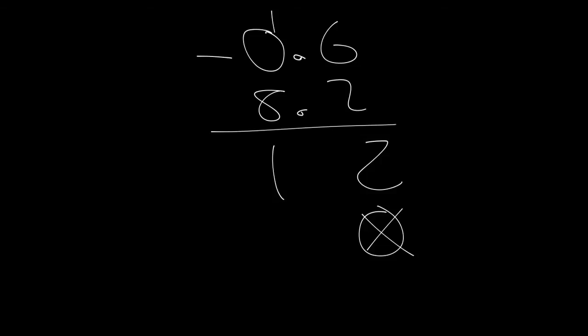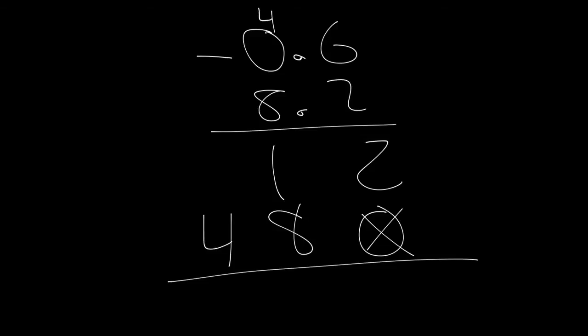Make sure to add your place mark. Add it up. 1, 2. N equals negative 4.92.